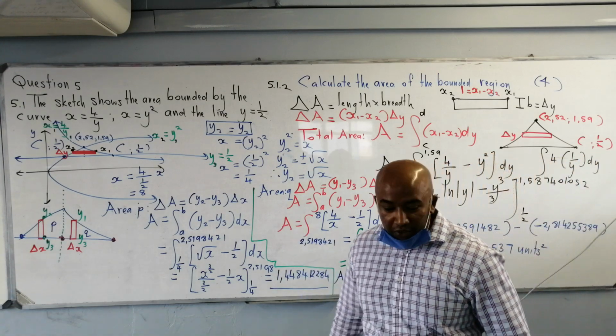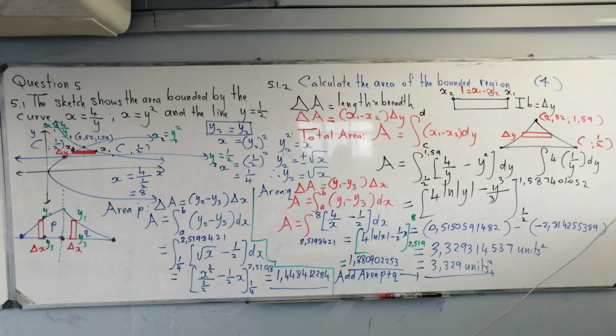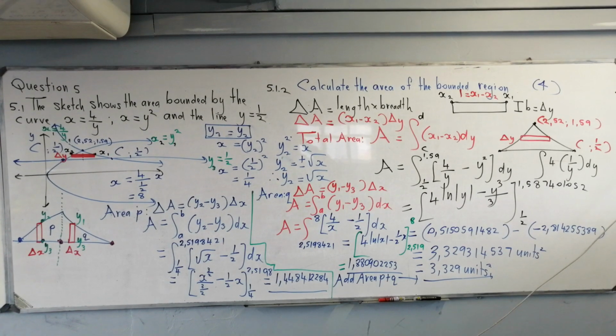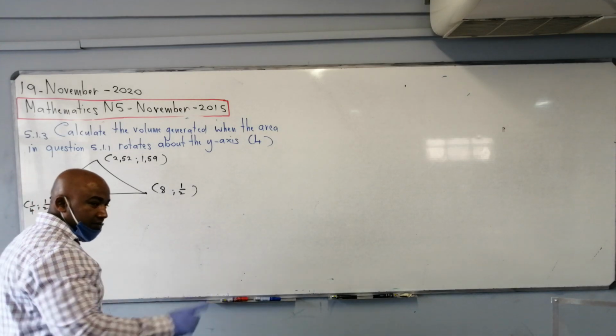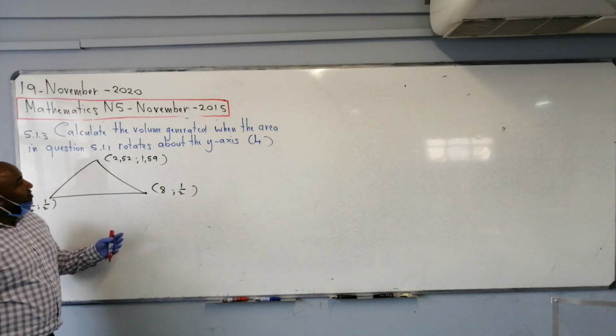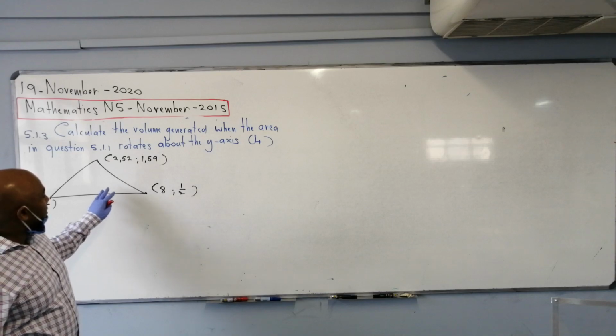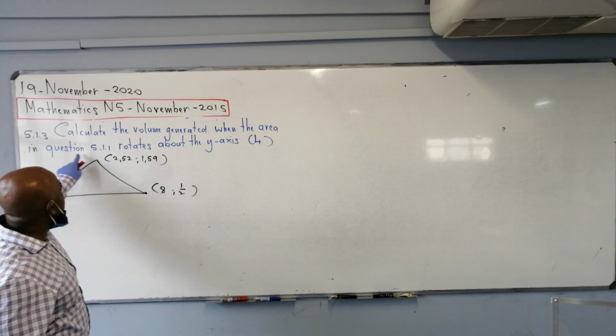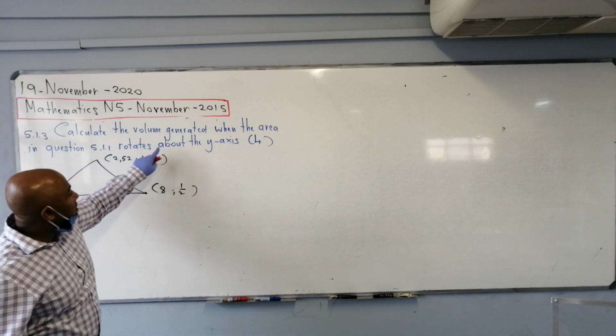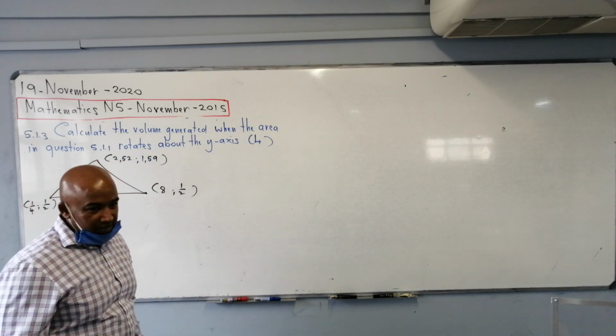And then let's do the last one here quickly, which is the volume question. Alright, 5.1.3 is the volume question. Calculate the volume generated when the area in question 5.1.1 rotates about the y-axis.